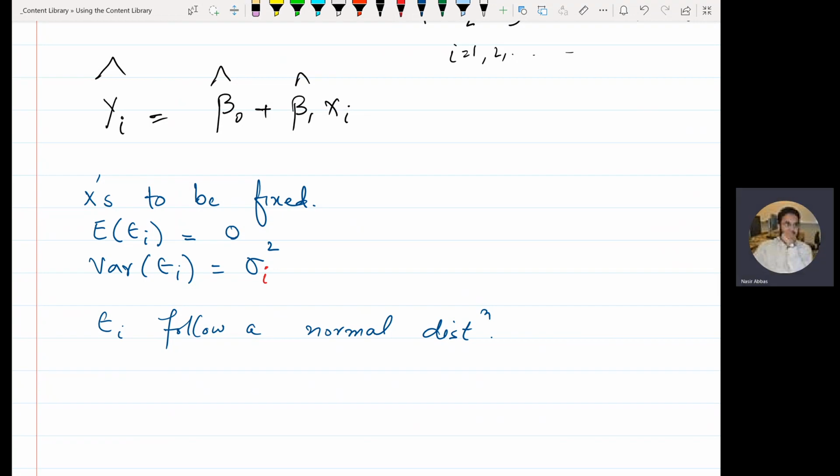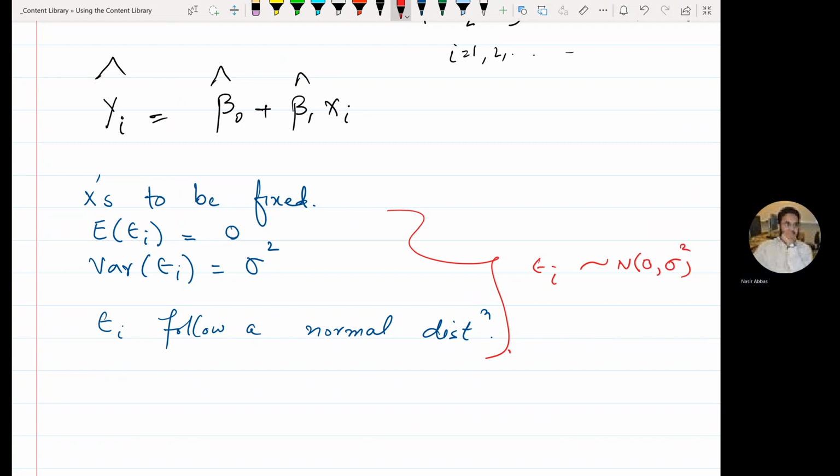If it were not constant, I would put an i in the subscript. The first one is the mean, right? Expected value, yes, the mean. The expected value of the distribution. These three you can write as epsilon i following a normal distribution with mean 0 and variance sigma square, notationally, combining the three of them.